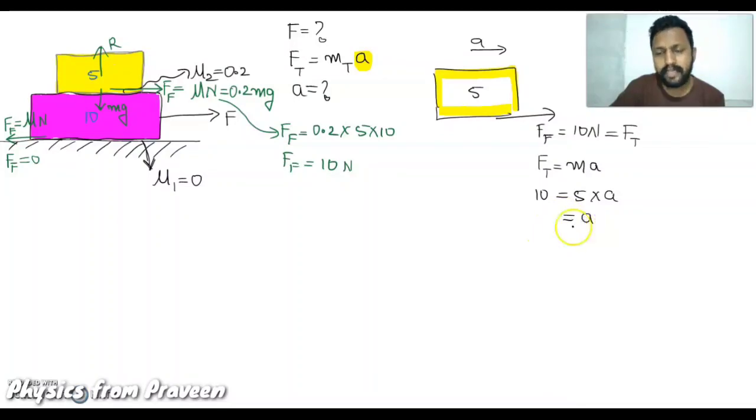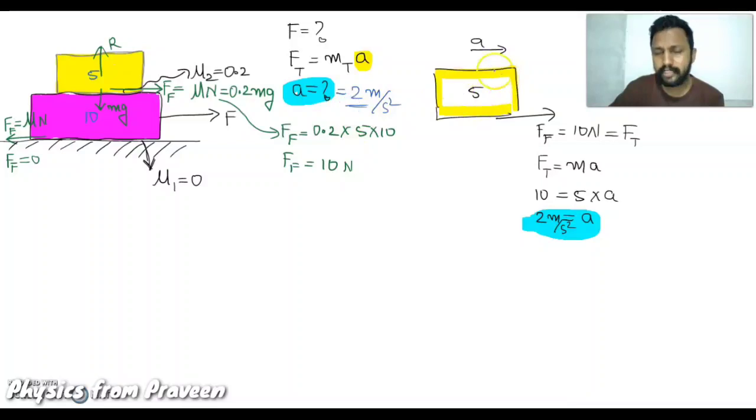You can obtain the acceleration as 10 by 5, that is 2 meter per second square. Hence, we have determined our acceleration.